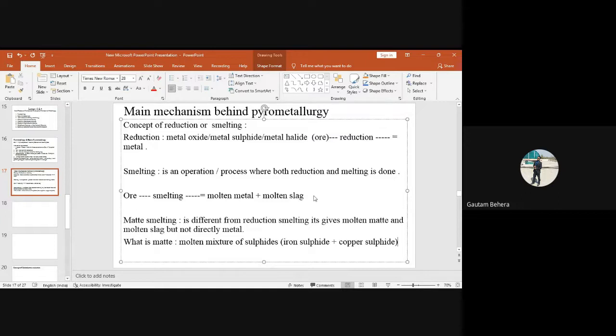This molten matte also contains some metallic values, some dissolved metals, right? And molten matte has good electrical conductivity, compared to molten metal. Another interesting point is that matte smelting does not require any kind of reducing agent. This is one of the advantages.